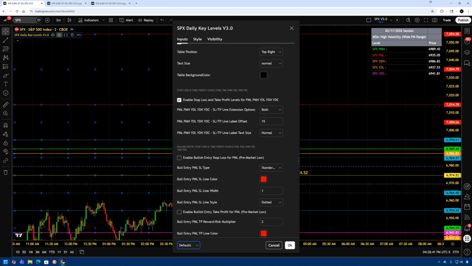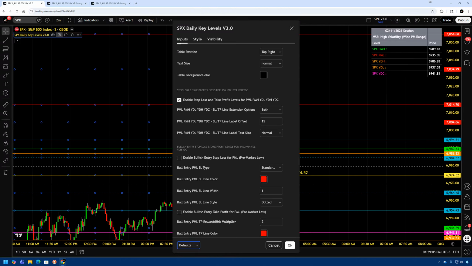Or you may find that you like to do both. So this gives you the flexibility now to take trades off of these levels as well with predefined stops, both standard stop loss and tight stop loss, and also set your risk to reward ratio for your take profit.